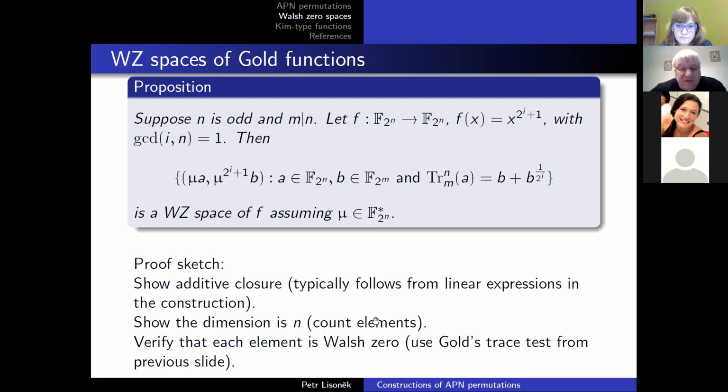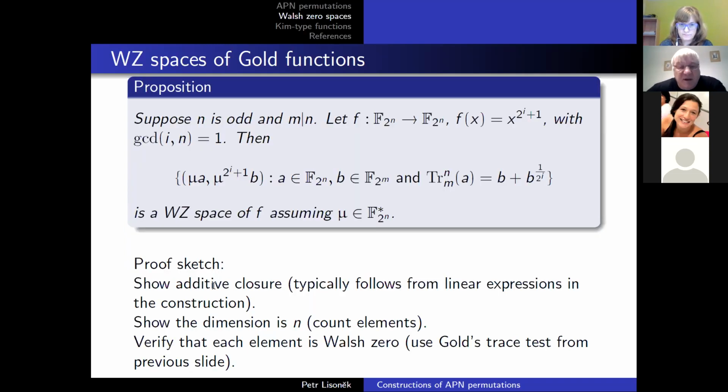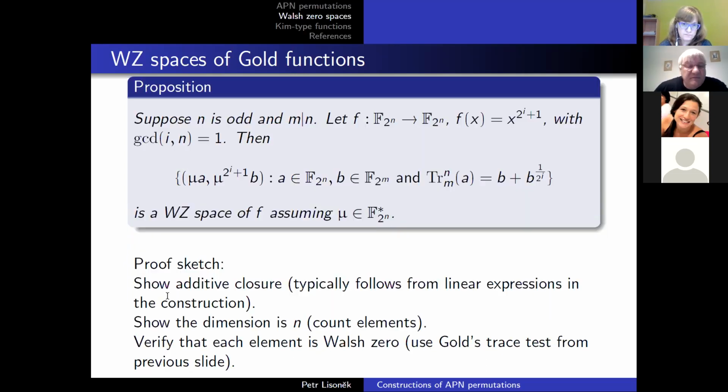So we show there are 2 to the n elements in the set, and verify that each element is above 0. For that, we use that Gold test from the previous slide, which involved the trace of an expression in A and B. So we plug this into that trace condition and do some finite field algebra to verify that the trace is 0 as it should be.